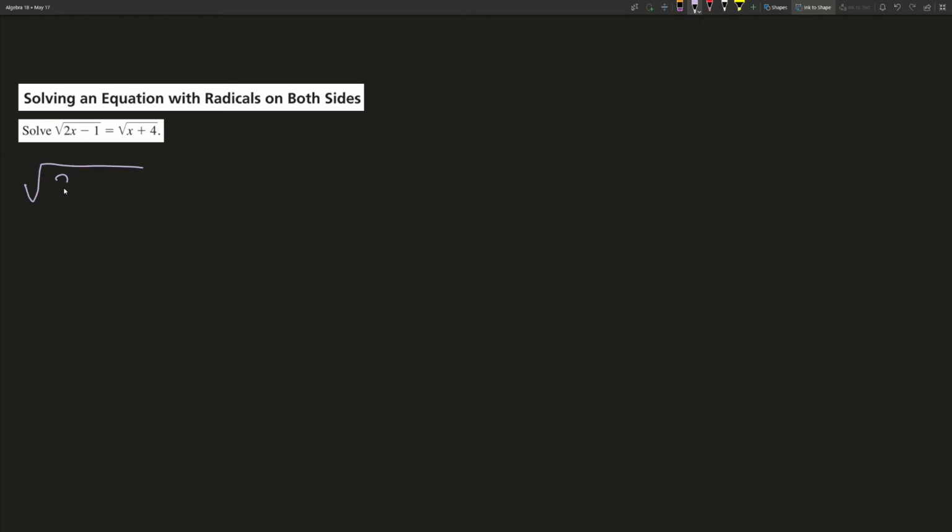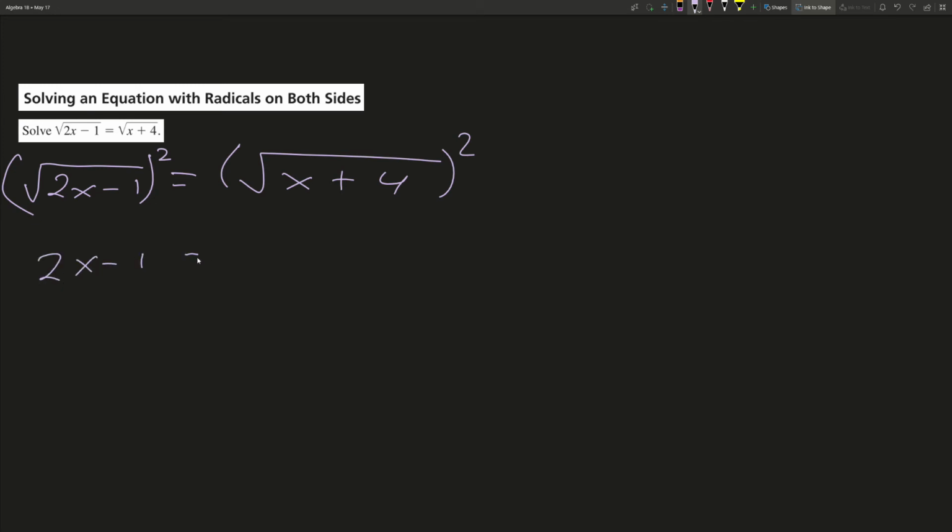We notice that both of them have radicals, which means if we square both sides, we can get rid of the radical symbols on both of them, leaving us with 2x minus 1 is equal to x plus 4.